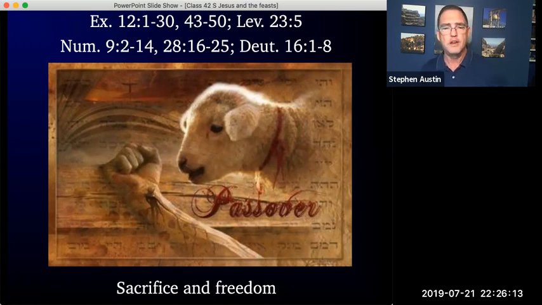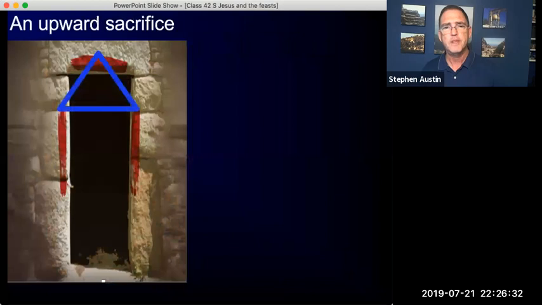And so the idea is of sacrifice that produces freedom. And so again, you have the firstborn of the Egyptians being killed, in a sense a sacrifice, but more a punishment really. And then you have the Israelites gaining their freedom as well. And then you see here what they would do with the door frame. They would put it on both sides of the door, and then they'd put it above the door.